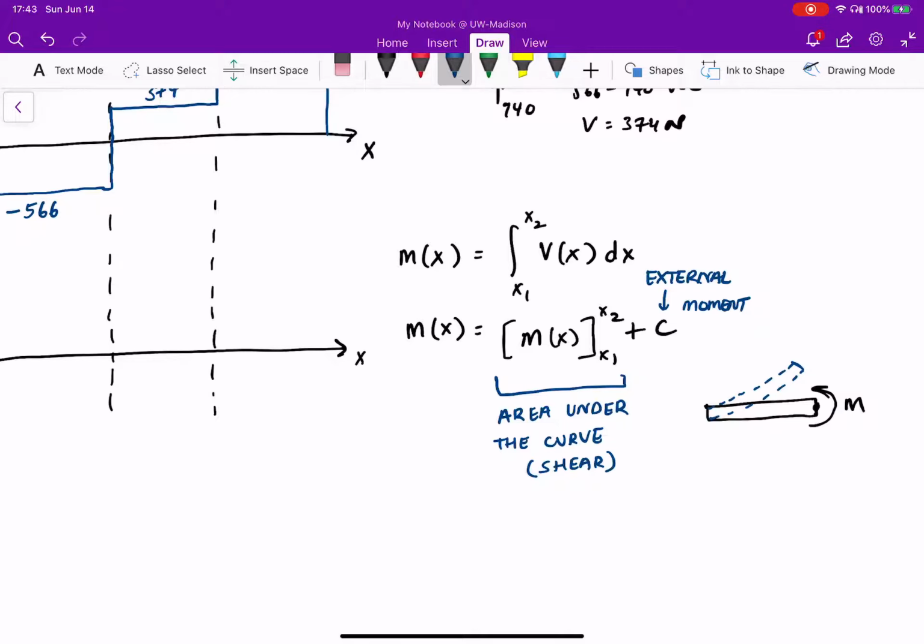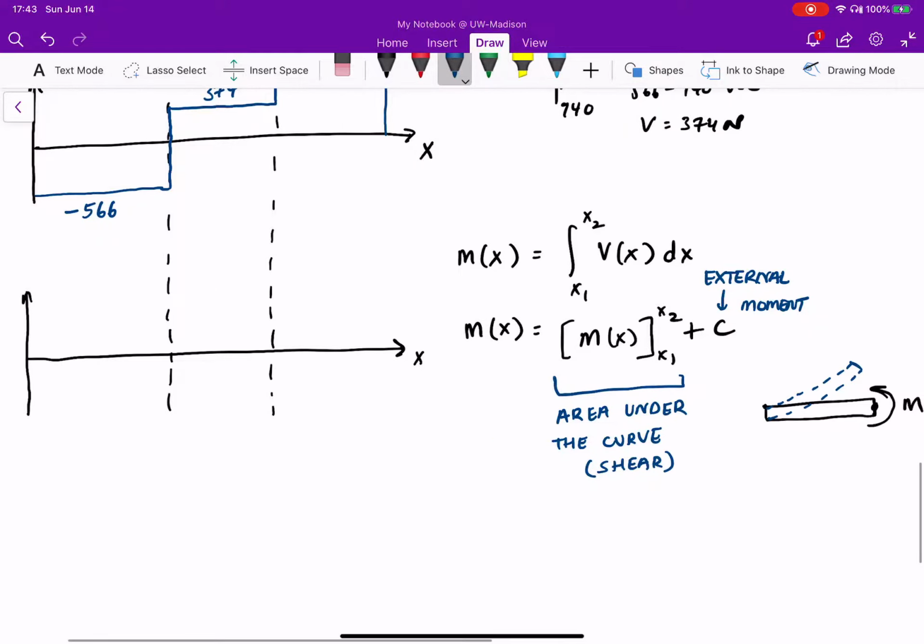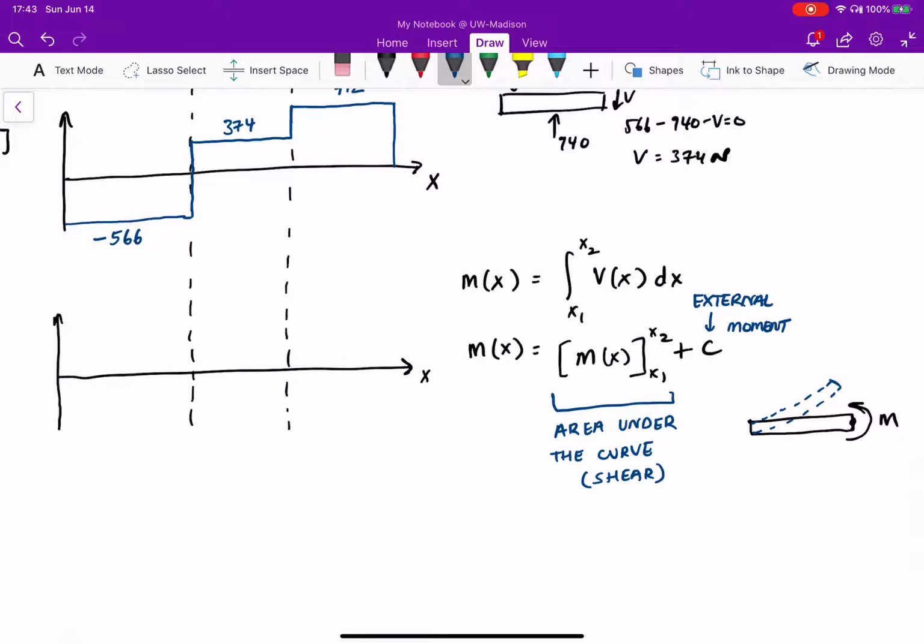If you were to have an external moment being applied on your beam or your shaft, then your bending moment diagram will end at some positive moment value here, and it won't end at zero. But in this case, we don't have an external moment being applied on the beam, so we know for sure that we start at zero and we end at zero.